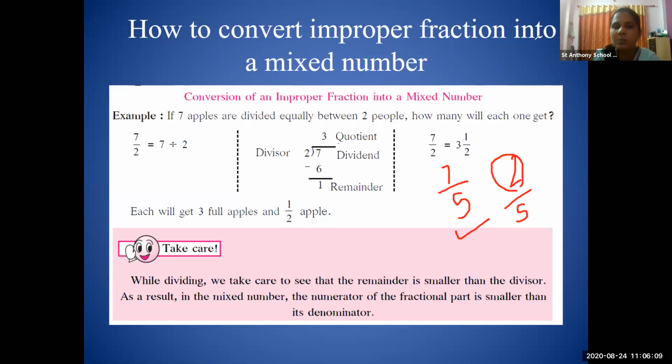Very good responses, everyone. Okay, everyone is telling it is improper fraction. Correct. Samriddhi, it is not improper, it is improper. I-M-P-R-O-P-E-R. Improper. Okay. Simran, off your webcam.